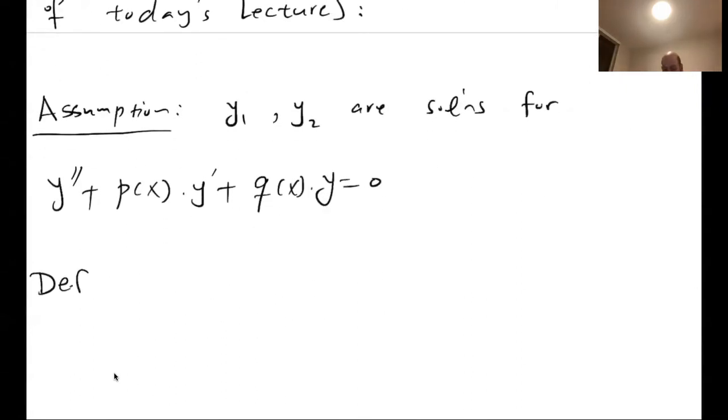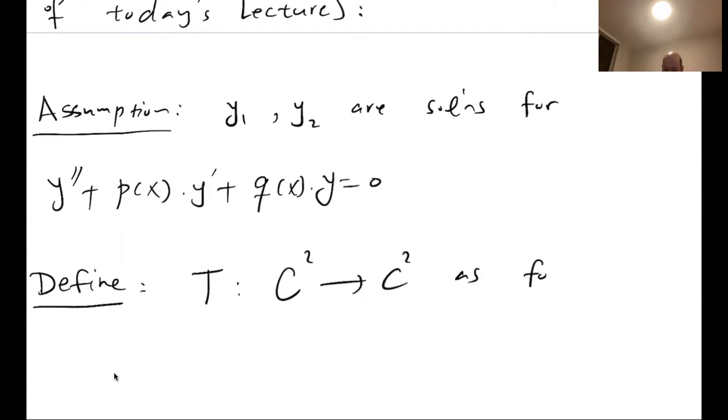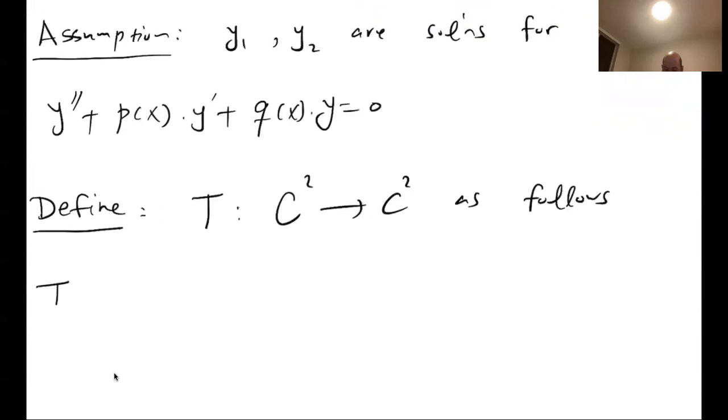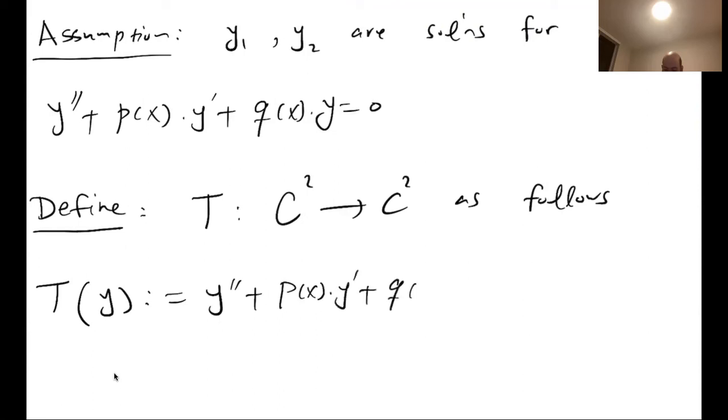So define T from C2 to C2 as follows. T of y, we want to define it as y double prime plus p of x times y prime plus q of x times y.